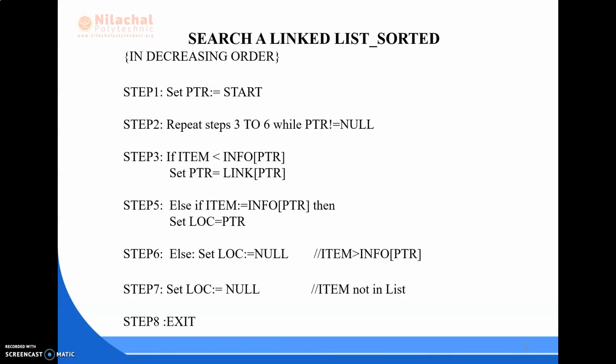There are two cases in which we are going to exit. If the item is greater than the info of PTR, it means it is not in the list. Obviously, as it is in decreasing order, all the items present in the list would be lesser than the item. If the item is greater, that means it is not present in the list. So the location is set as null and we will read step 8, that is, we are going to exit.